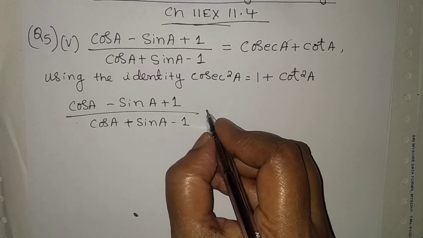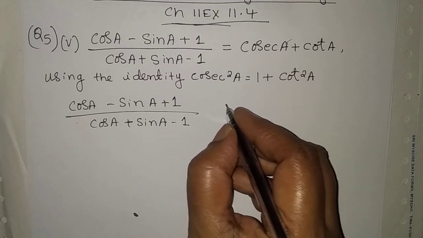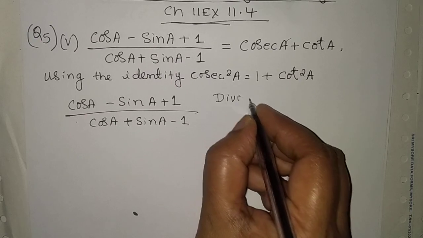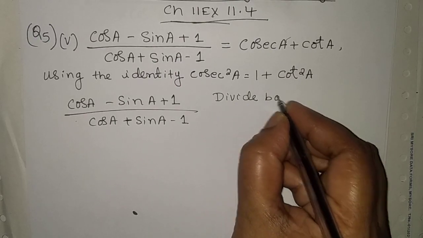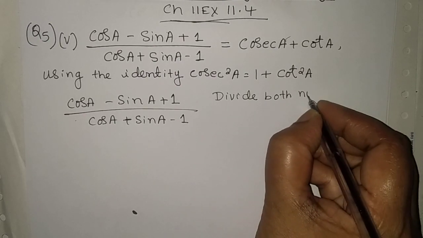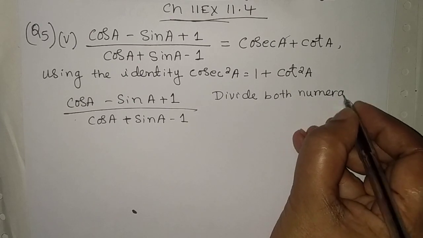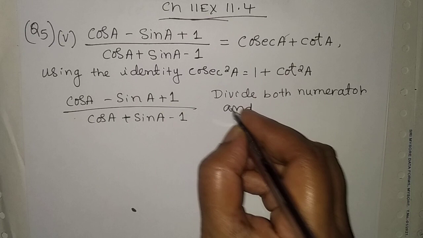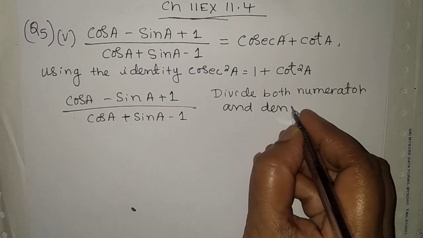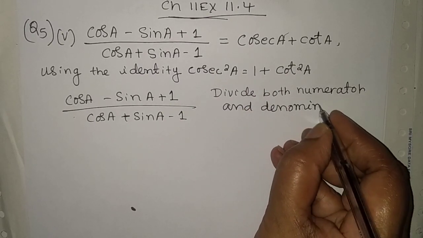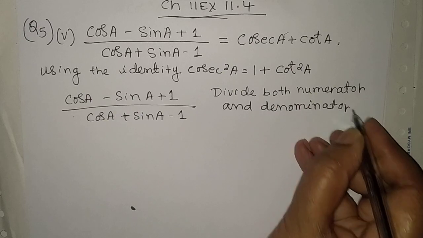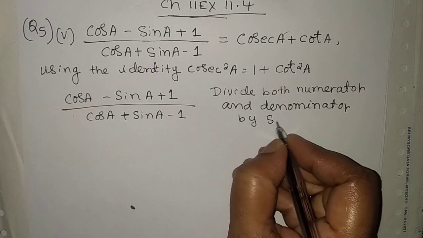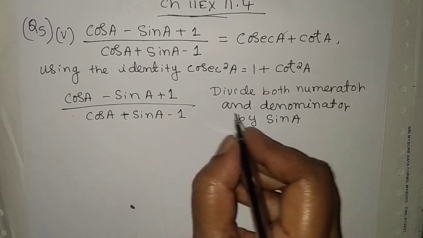The first step is to divide both numerator and denominator by sin A. This is the first step. This is the given problem.